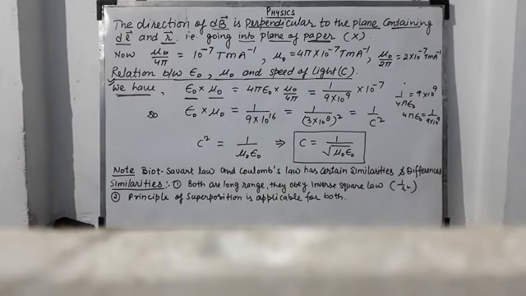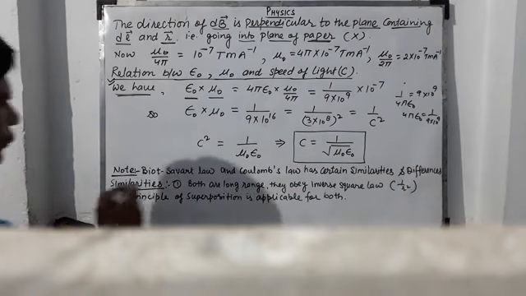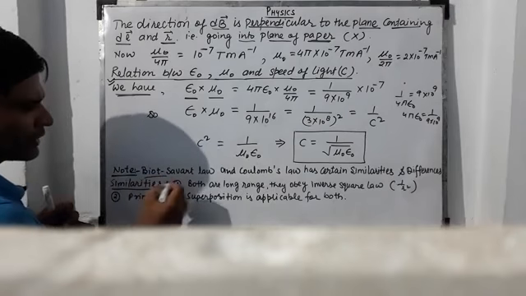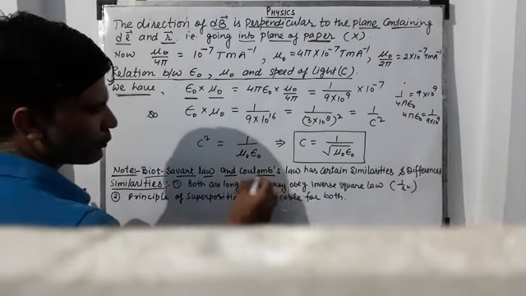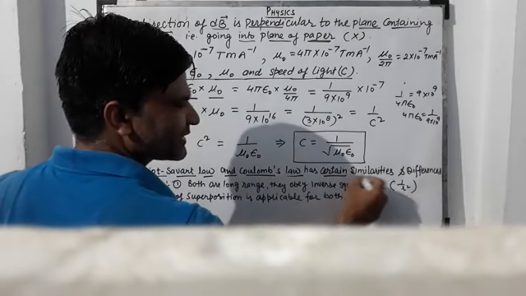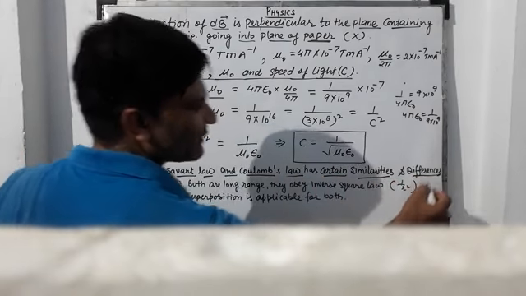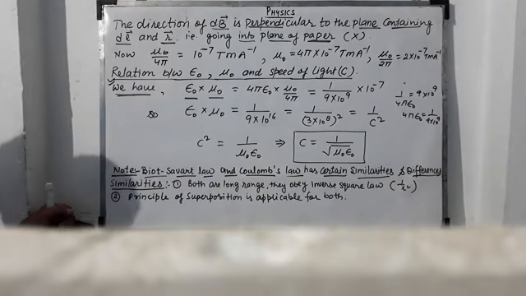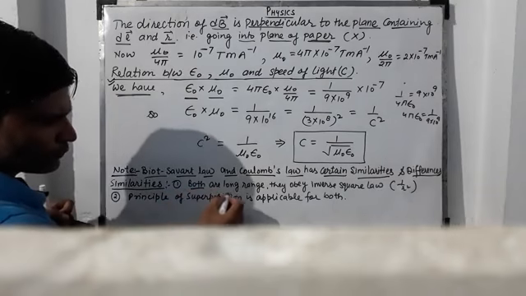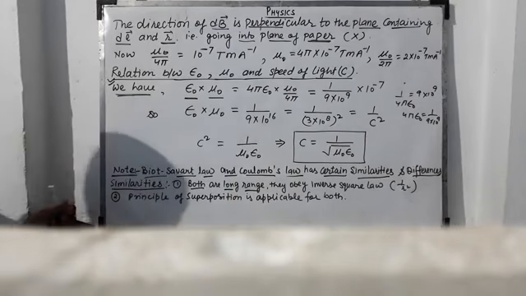Now one note for you: Biot-Savart law and Coulomb's law have certain similarities and differences. So first, the similarities: both laws are long range.